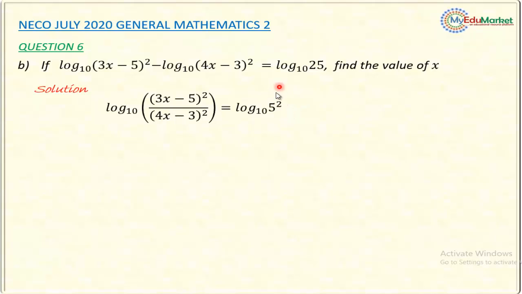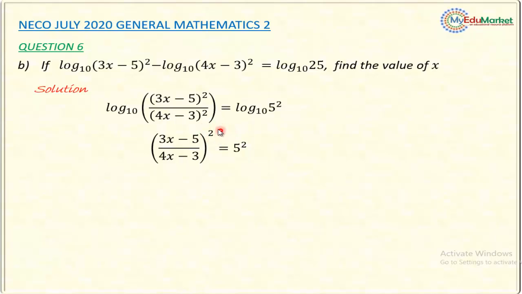Which means this log to base 10 will cancel out. I'm going to have (3x minus 5) over (4x minus 3) whole squared equals 5 raised to the power of 2.